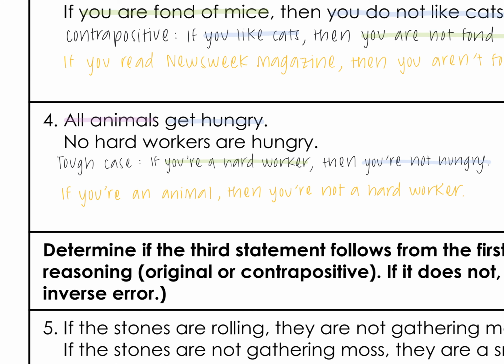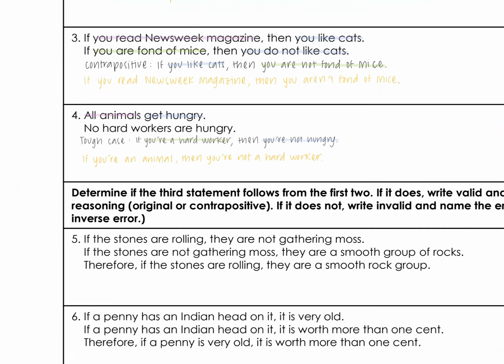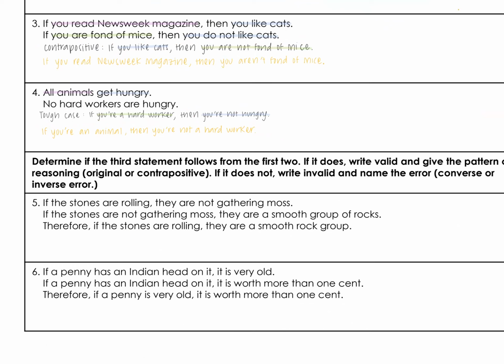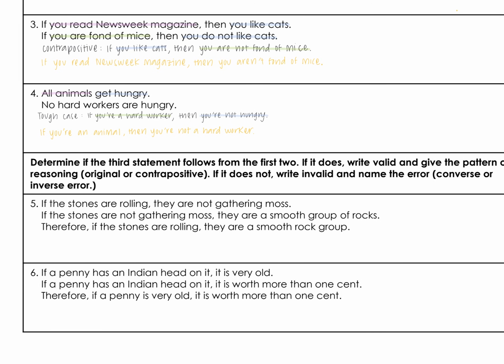All right, so now let's look at what the next part of these notes are asking for us to do. In these, we are just determining if the third statement that follows comes from the first two. If it does, we're going to write valid and give the pattern of reasoning.